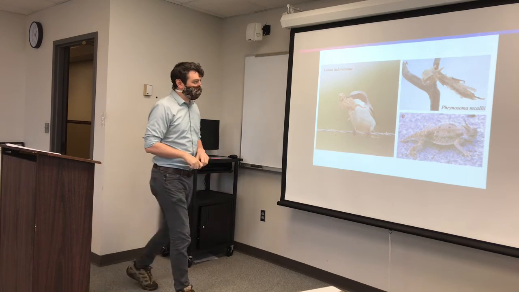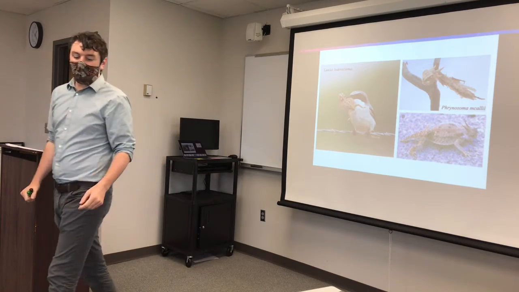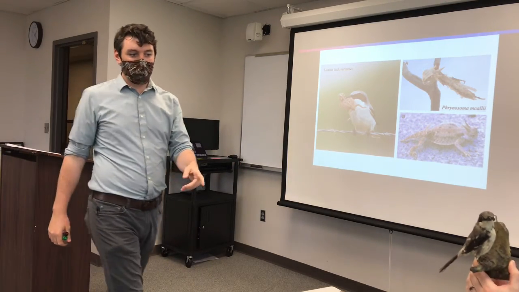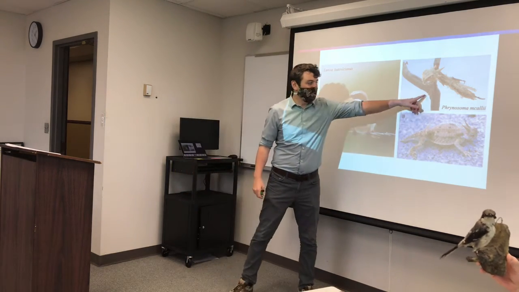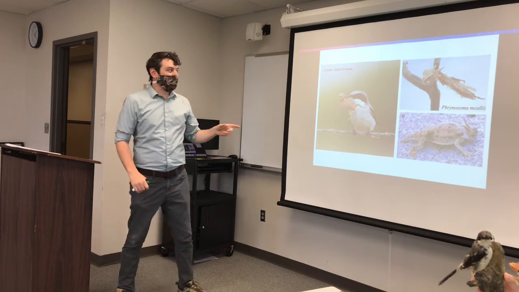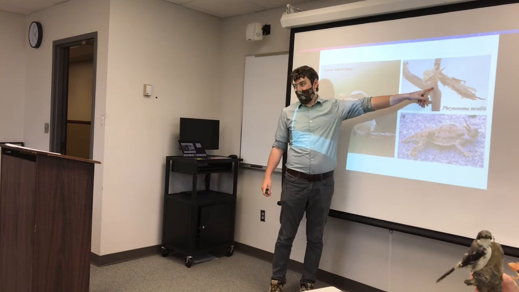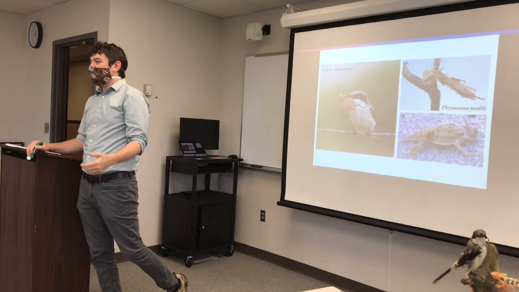So the loggerhead shrikes are unusual among the predators for horned lizards because of one of the ways they hunt, which you can see here. They get their prey items, they'll kill them, and then they'll impale them on a barbed wire fence or a sharp branch of an old tree.